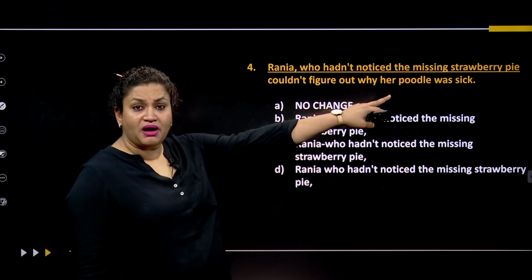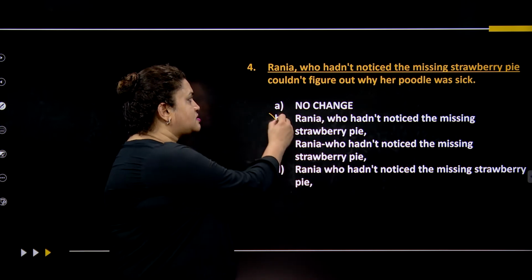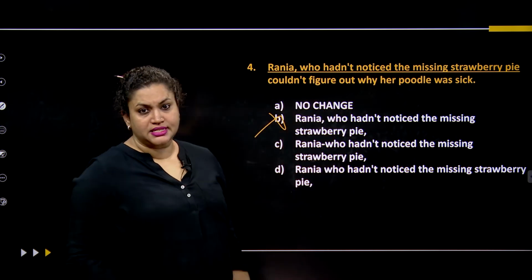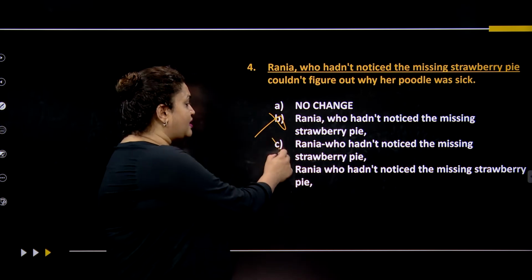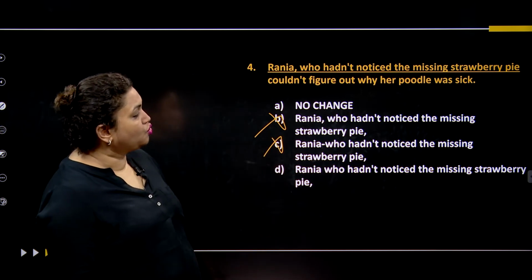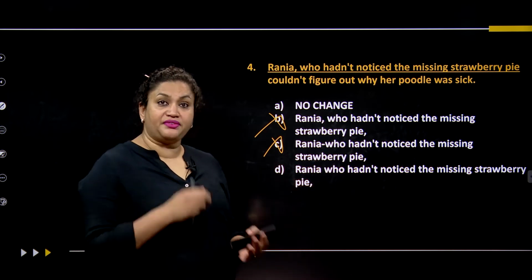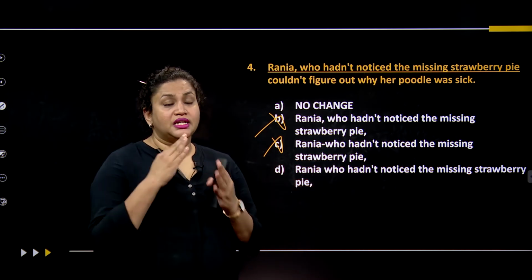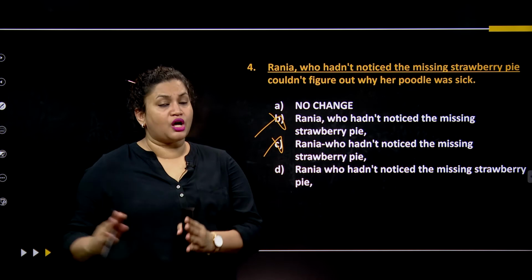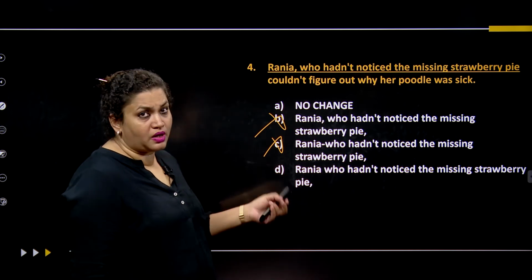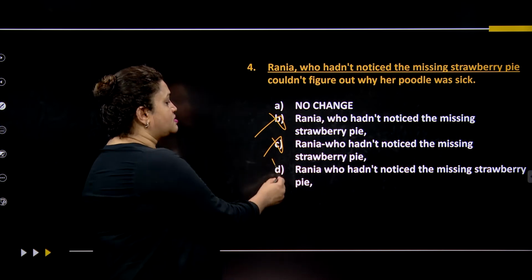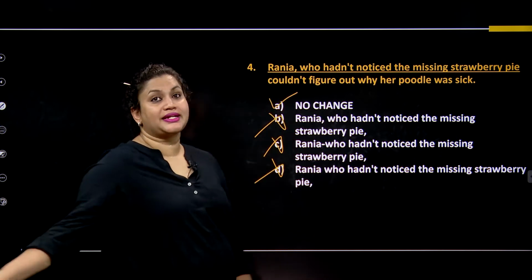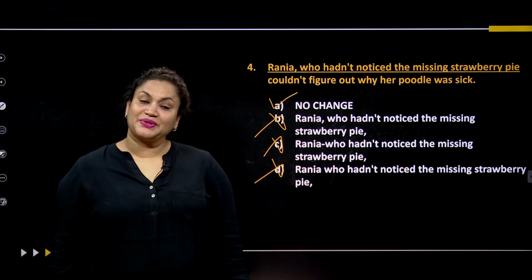You don't need a comma after pie, because it's a running sentence. Rania dash, no, it does not go that way. After Rania definitely there should be a comma, because a dependent clause is starting from there. Therefore this is wrong, this is right. Let's go to the next one.